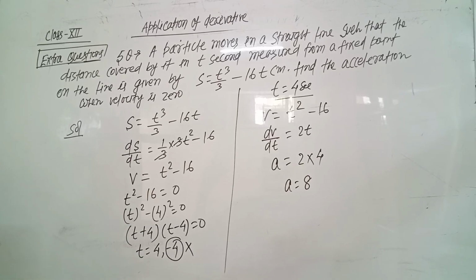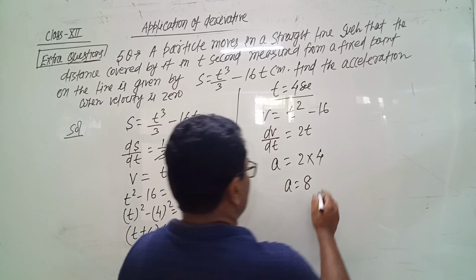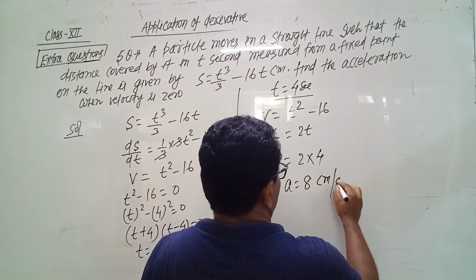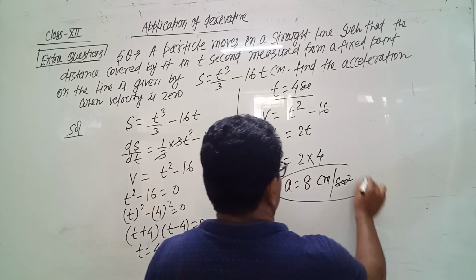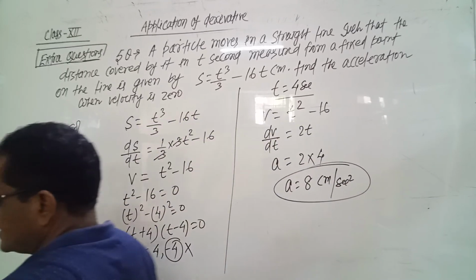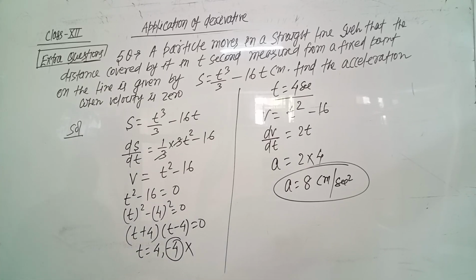Its unit: distance is given in centimeter and time in second square. So the value comes to be 8 centimeter per second square.